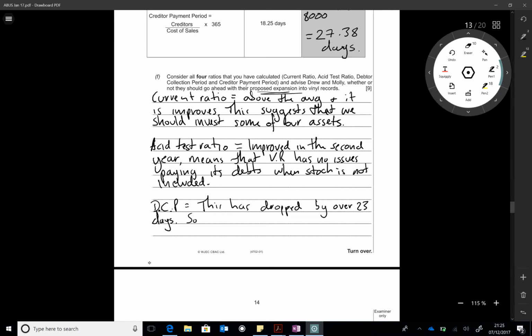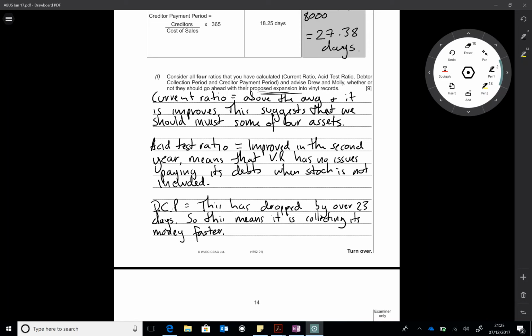Okay, so this means it is collecting its money faster. So remember, a debtor is somebody who has bought something off you and owes you some money. Okay, and a creditor is something that you owe.